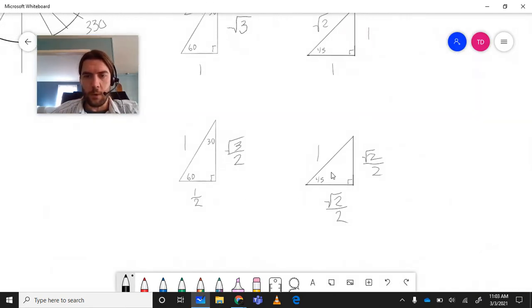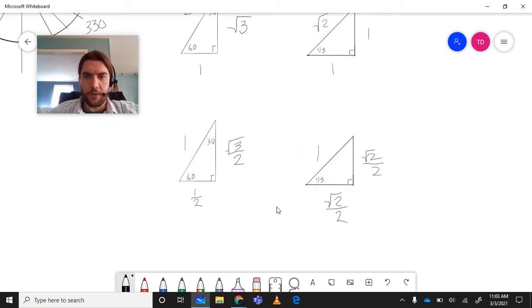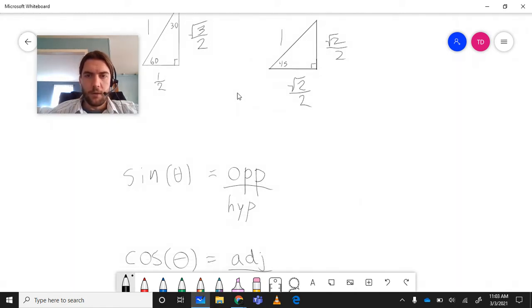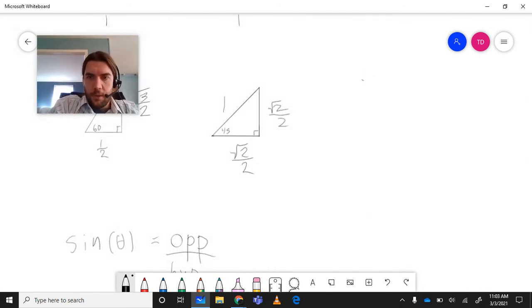This is how we do it without just having some cheat sheet to look at. We go to our 45-degree triangle, and now they've asked for all of the different functions for that one. We are talking about a triangle that is 45 degrees, but it is pointing down in this direction.